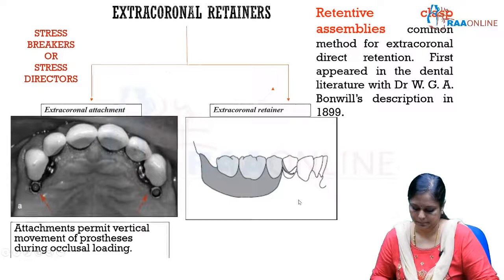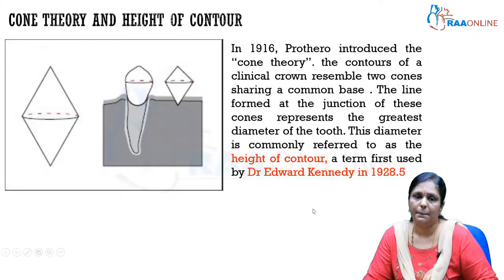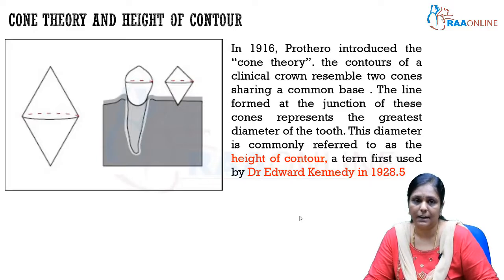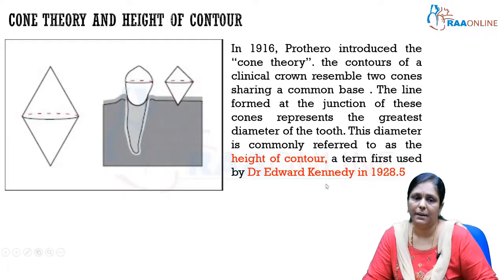Now moving on to the important concepts, or the terminologies, that we should know before we go into direct retention or how a direct retainer is designed. This theory was put forth by Prothero in the year 1916, and it is popularly called the cone theory. This is how he described it.